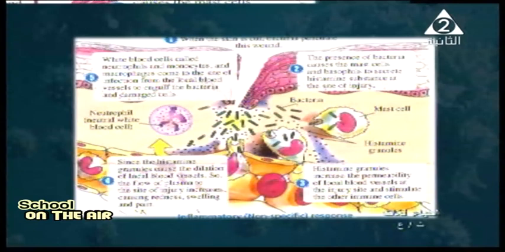After that, what happens? The white blood cells called neutrophils and monocytes, macrophages come to the site of infection and engulf the bacteria and destroy them.